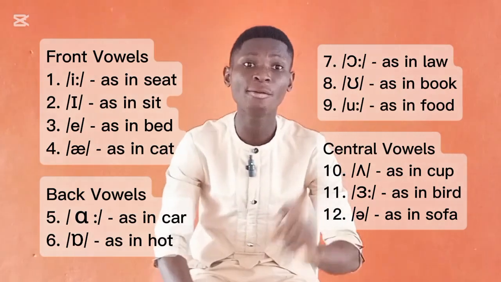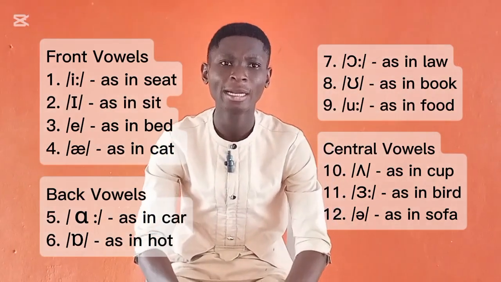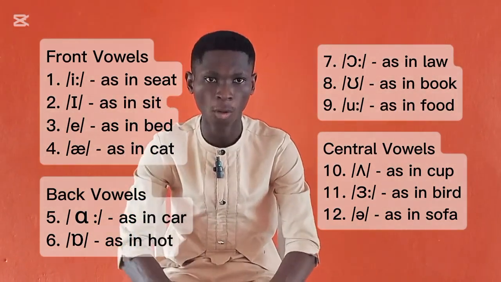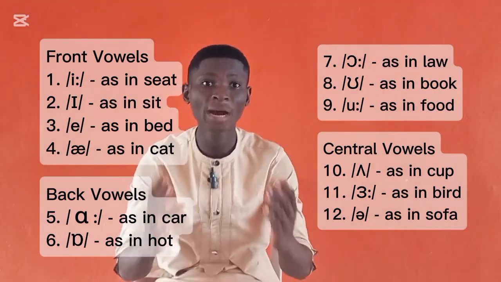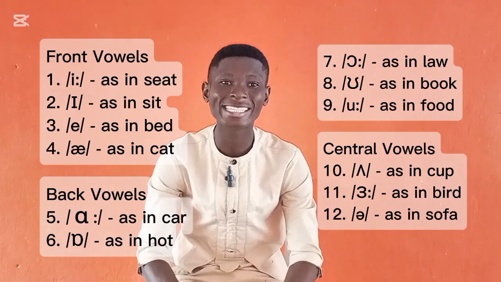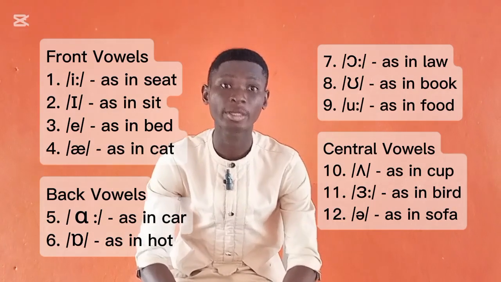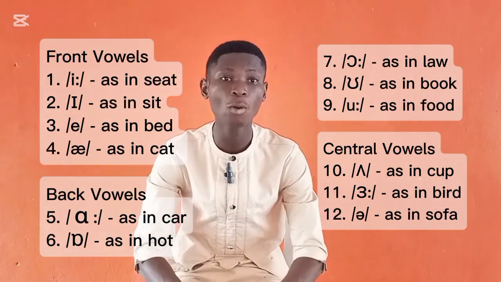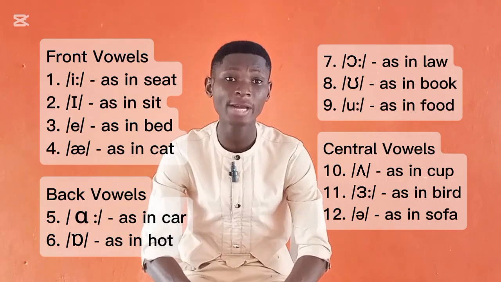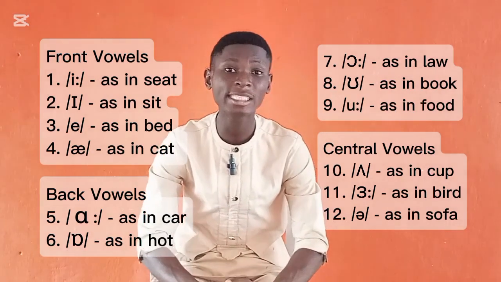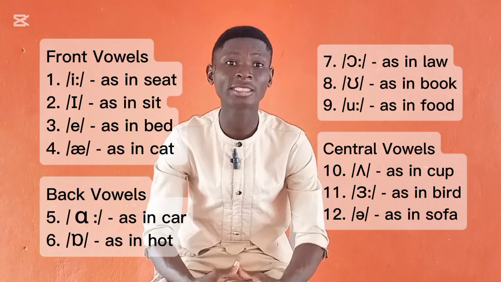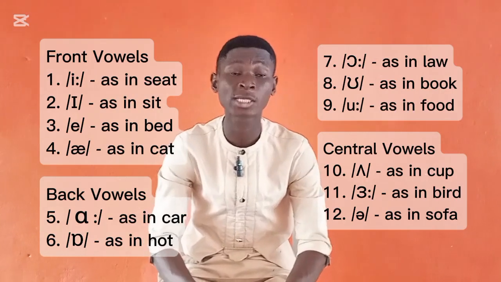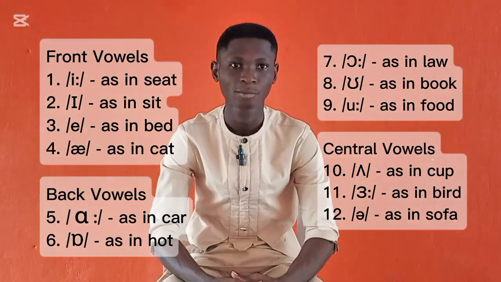The relatively long ones are indicated by a colon immediately after the symbol, and we have 5 of them. So it is pertinent to note these particular sounds. Again, we have the relatively short ones, and they are 7 in number, and those are the ones without a colon immediately after them.